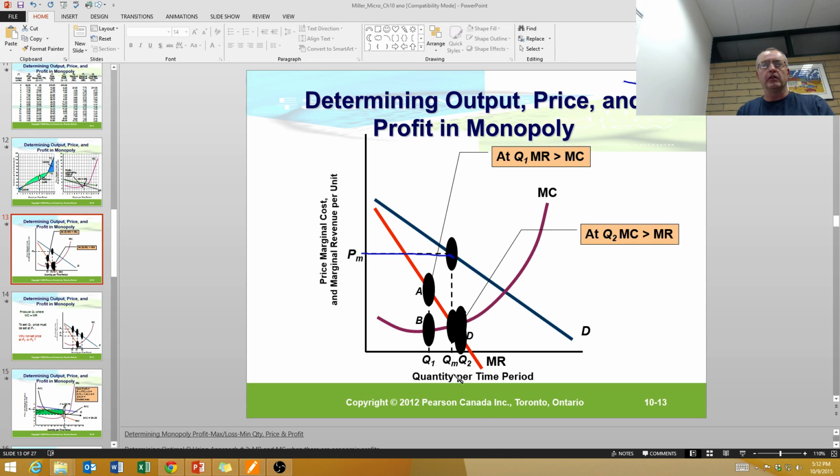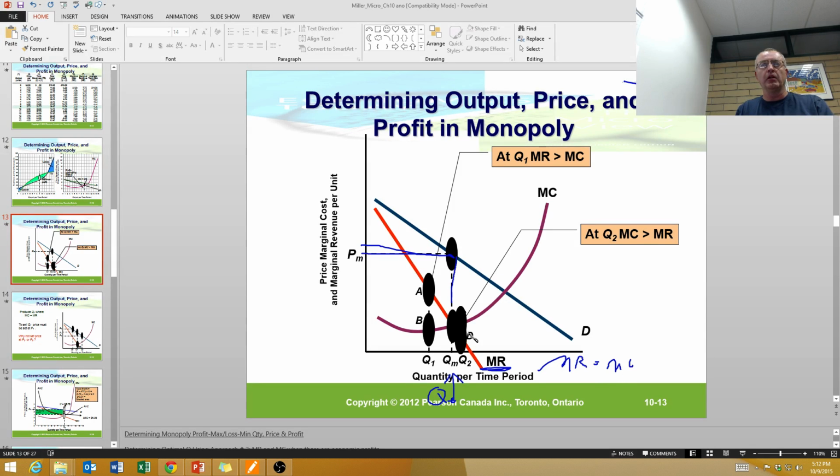We determine our optimal level of output, and then we read off the corresponding price by going up to the demand curve and reading off the corresponding price. So we can see that if our quantity is less than this equilibrium quantity, which corresponds to where marginal revenue equals marginal cost.